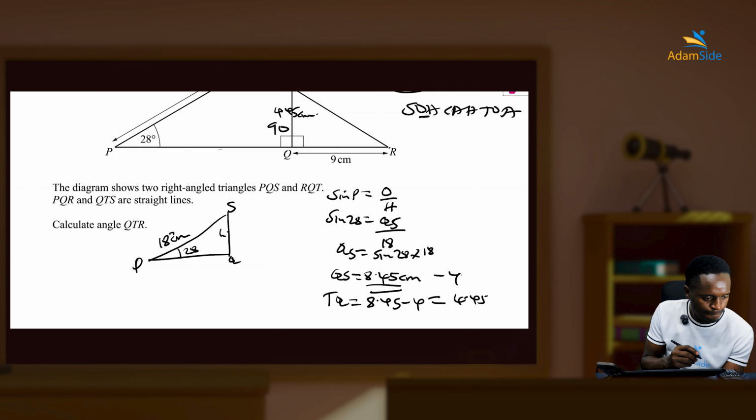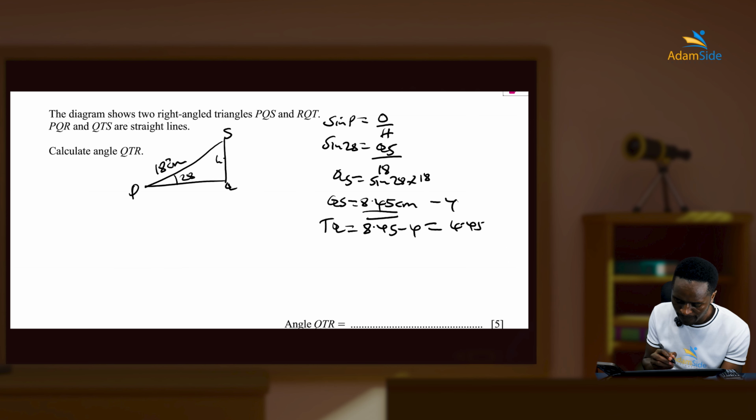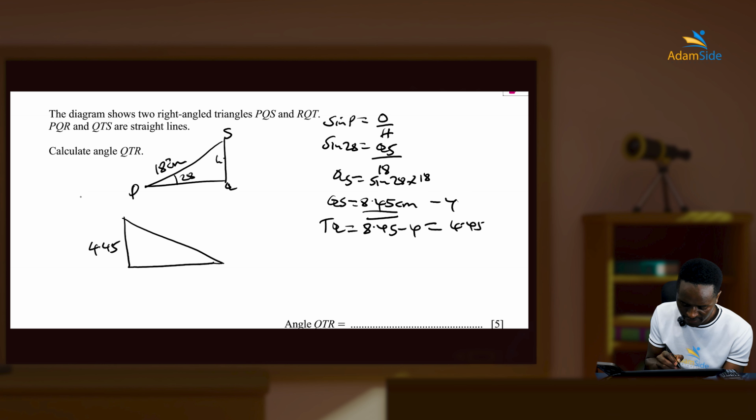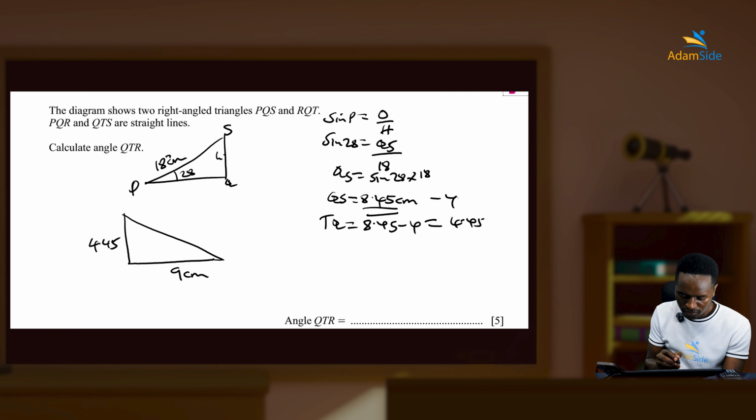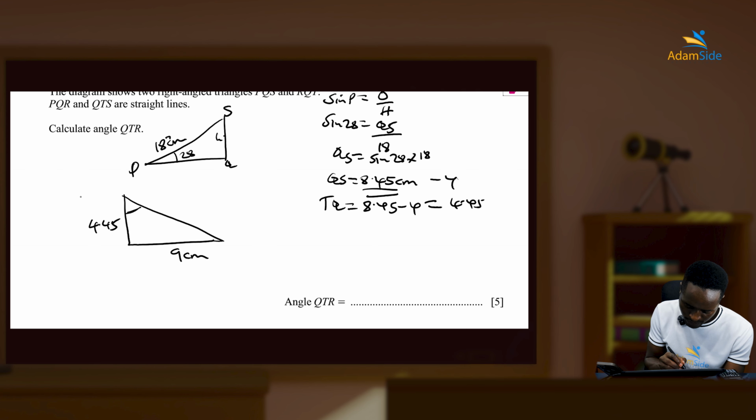Now they say calculate the angle, which is very simple. We have 4.45 and this side, 9 centimeters. We're looking for angle QTS. This is opposite, this is adjacent, and this is hypotenuse.